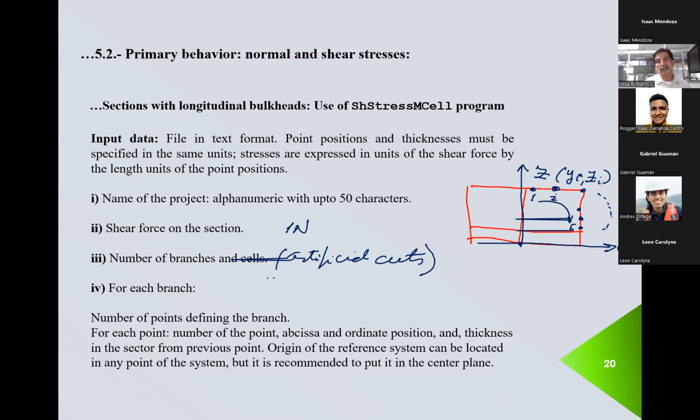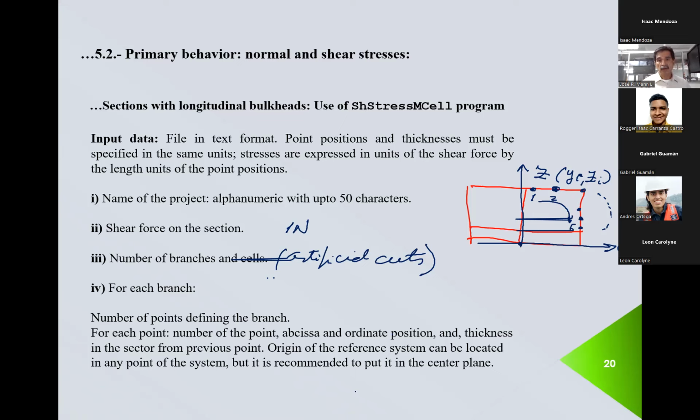If you specify the thickness here for this branch, that is assumed to be constant from point 1 to point 2, okay? So if in your section you include changes in thickness, that's something that has to be considered when you specify the number of points to define each path, okay?